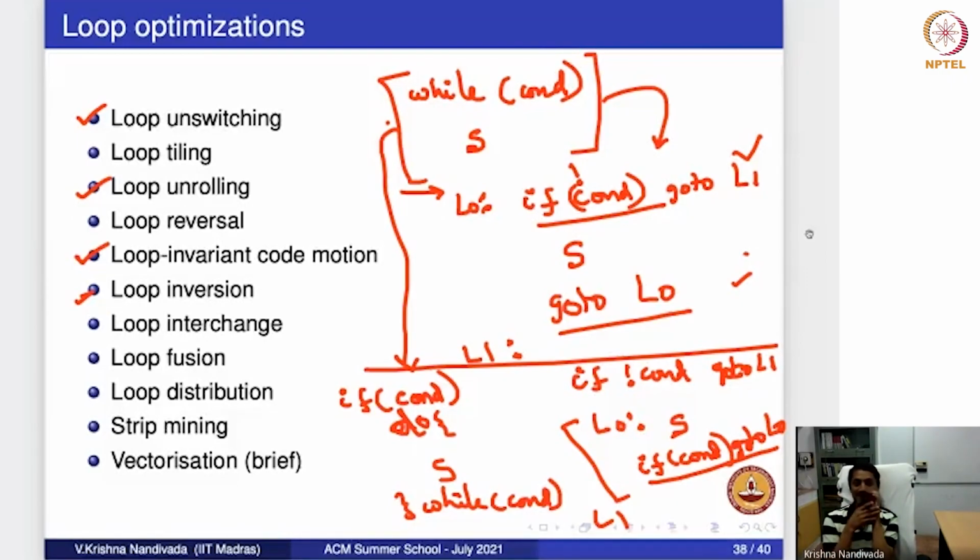Which is more efficient between while and do while? Do while. So in case you happen to write a while loop, the compiler does take care of it and replaces it with a do while.